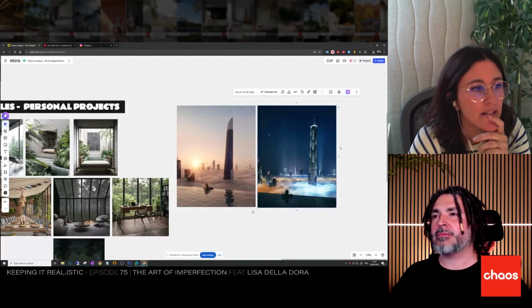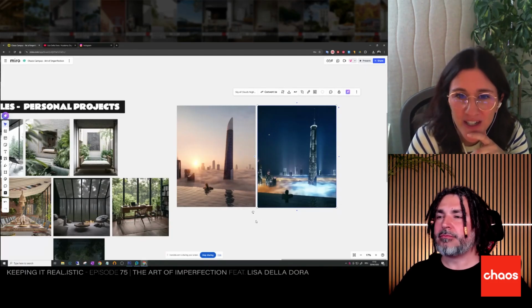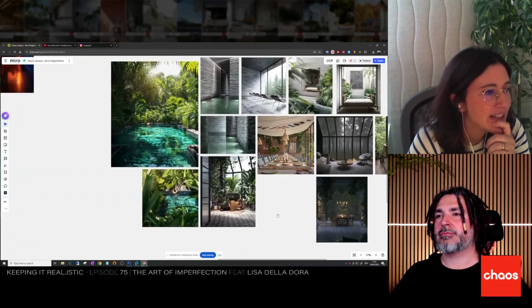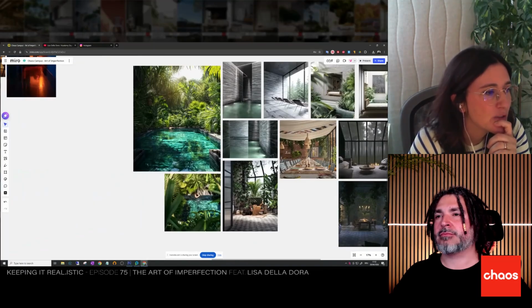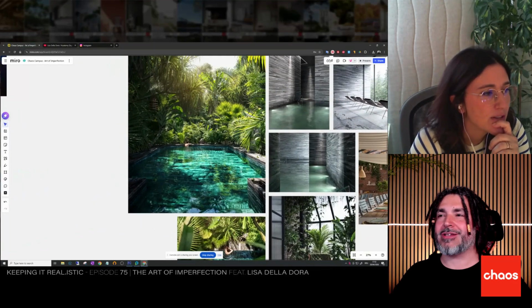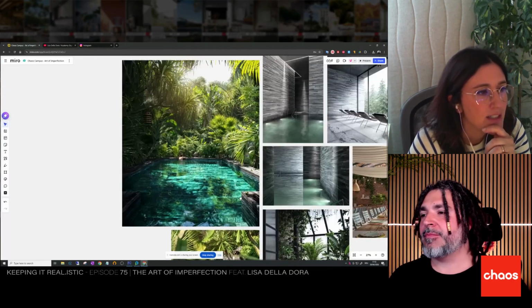So those two images were born this way, just because I wanted to learn how to work with volumetrics. Or this, as I mentioned, started just because I really wanted to learn how to manage caustics that were kind of realistic, and the ripple effect.